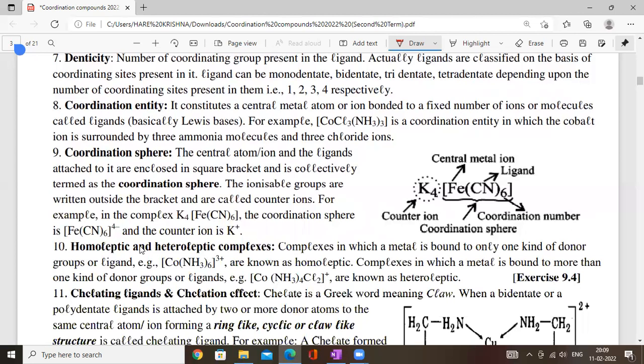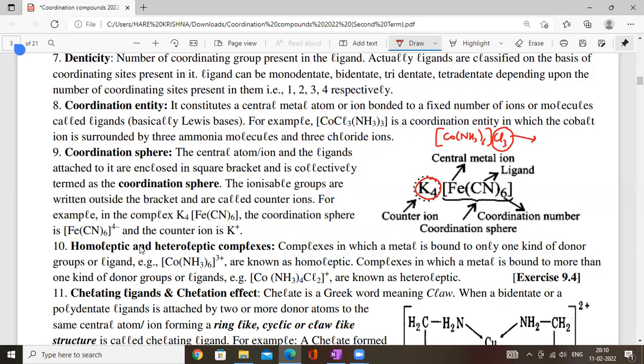The ionizable group, which I was talking about, is always written outside the coordination entity and is called a counterion. If I take up the example [Co(NH3)6]Cl3, here the counterion comes after the coordination entity. It can also be in front; it will not make any difference as such.